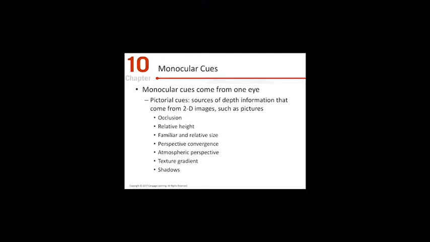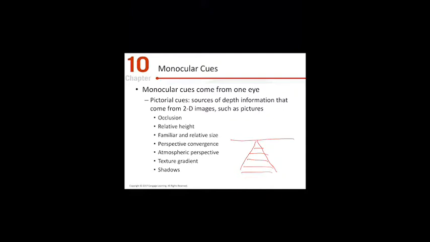So perspective convergence is all about thinking of a set of railroad tracks, right? Railroad tracks all come to the horizon, and that gives us depth. It looks like those railroad tracks are going further into the horizon.